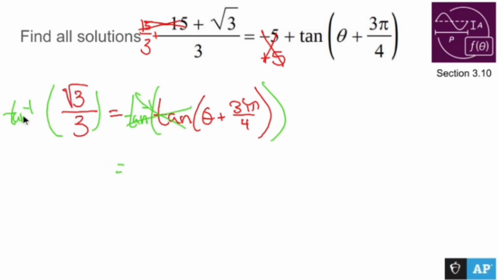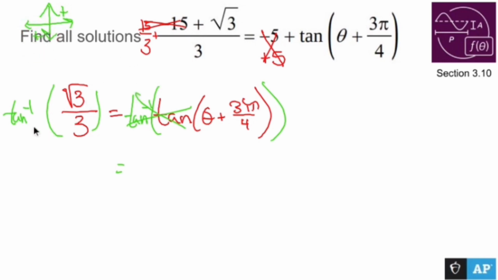I am asking you what angle gives me root 3 over 3 if I take the tangent of it. So where is tangent going to give me a positive slope? Well, tangent is going to give me a positive slope because remember, tangent gives me slope of a ray. When y over x is positive, or y over x is negative over negative, which makes it positive. So quadrant 3 seems to do it.